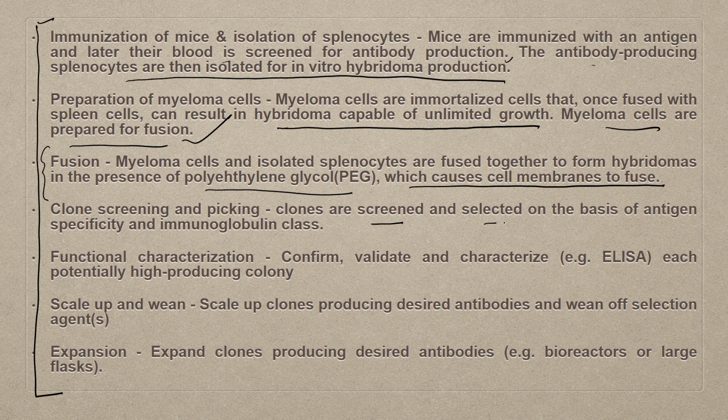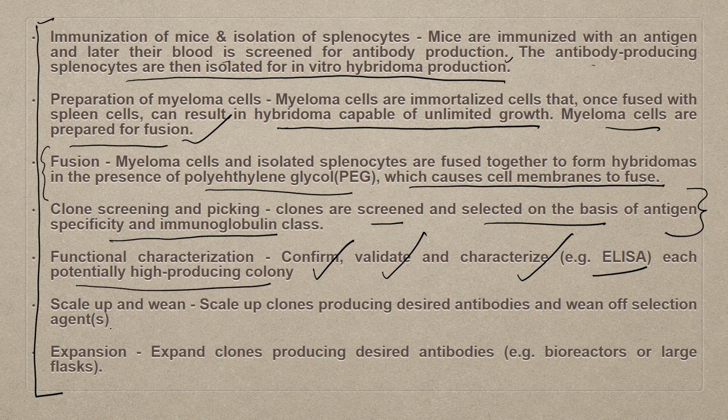Clones are screened and selected on the basis of antigen specificity and immunoglobulin class. Then comes the functional characterization, where we do the confirmation, validation, and characterization using ELISA of potentially high producing colonies. Scale up and wean, as we mentioned: scale up the clones producing desired antibodies and wean off the selection agents.